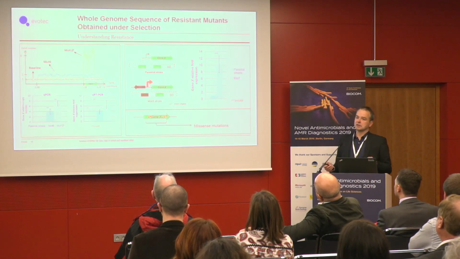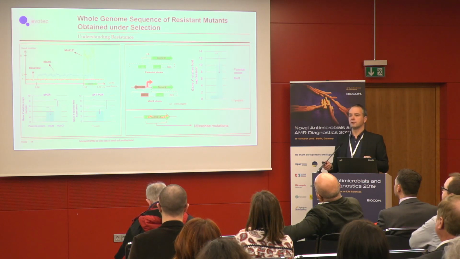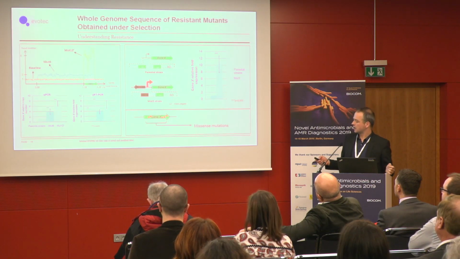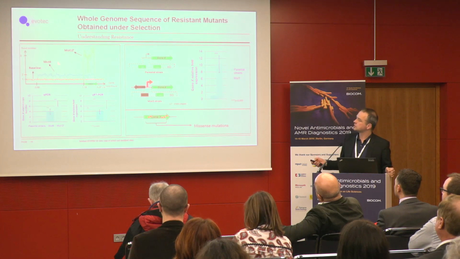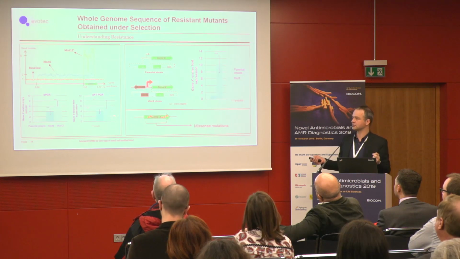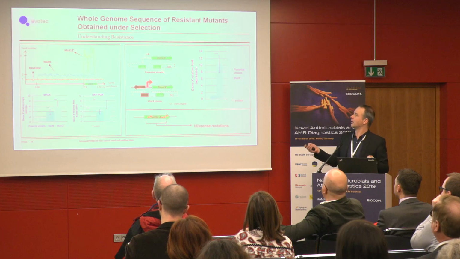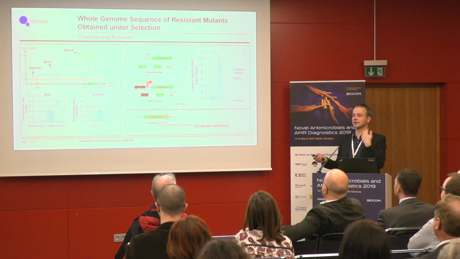Of course, sequencing the resistant mutants you've generated actually usually gives you more information. And this is an example where sequencing a lot of mutants, and this refers to what Ursula also was saying before, we did see mutants in Gen X, but we also saw these other events that you were alluding to, that insertion sequences getting in front of Gen X and making the expression of Gen X much higher.